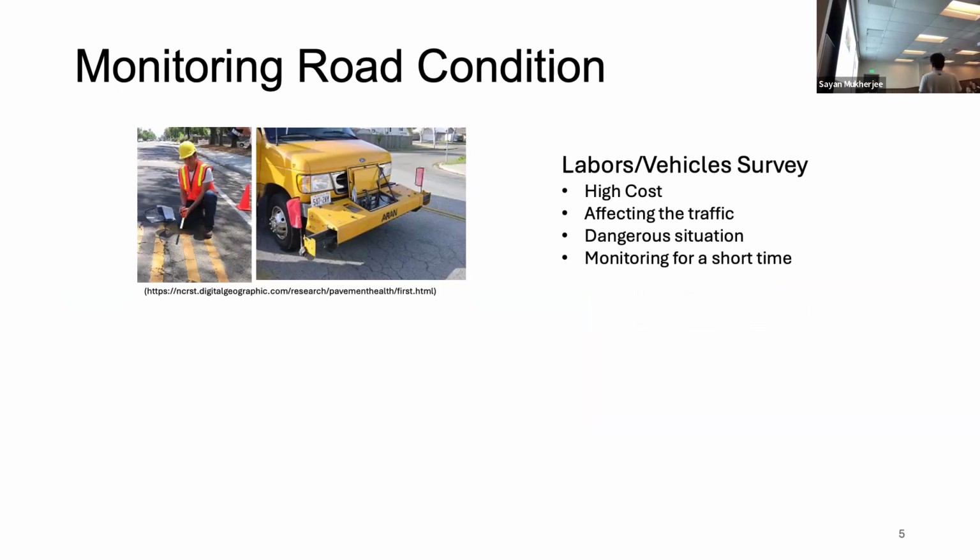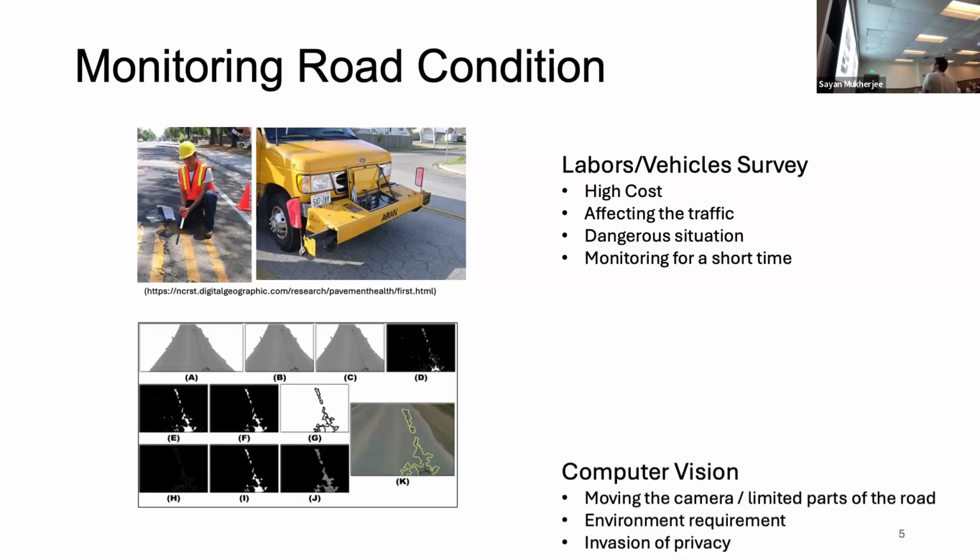There is no doubt we put the laborers into a dangerous situation. In addition, this method only monitors for a short time. That means if we would like to get continuous changes, we have to come here again and again.